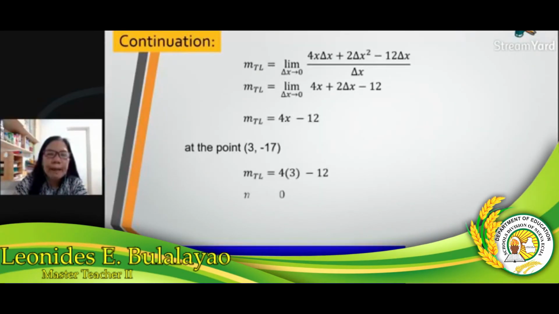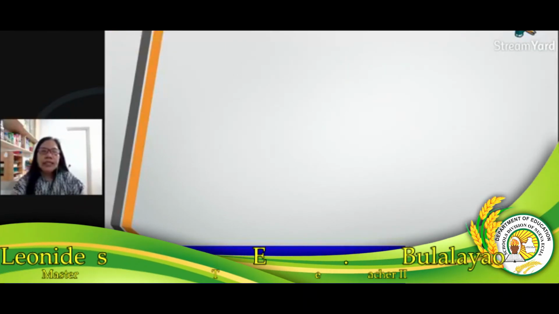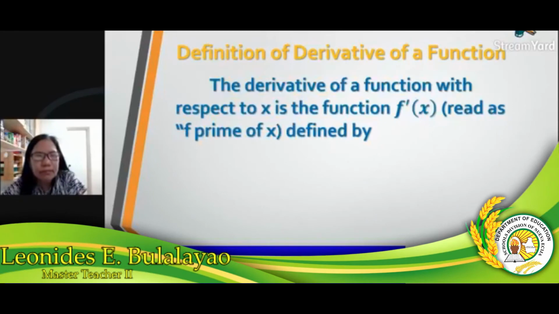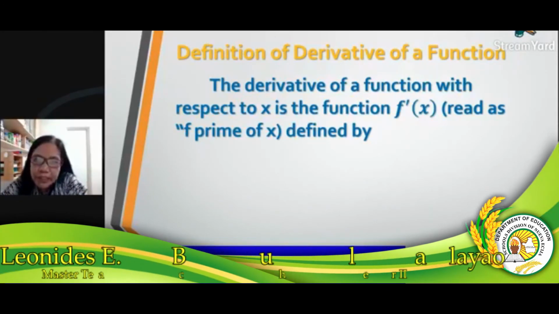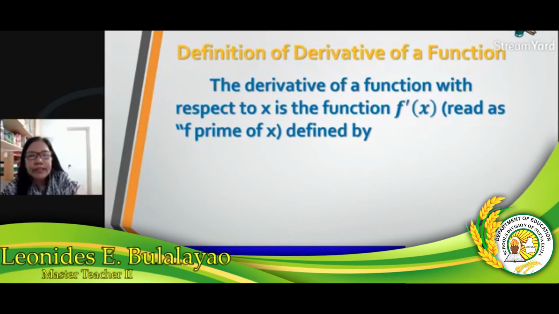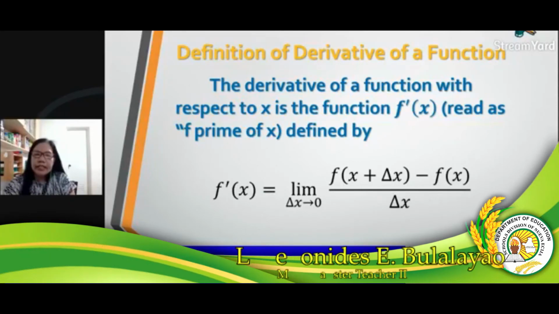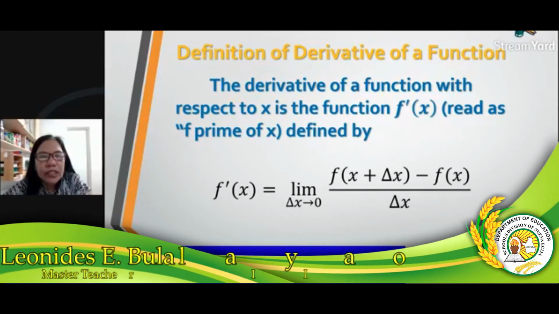Now, let's take a look at the definition of the derivative of a function. So the derivative of a function with respect to x is the function f prime of x defined by this definition. So look at this.